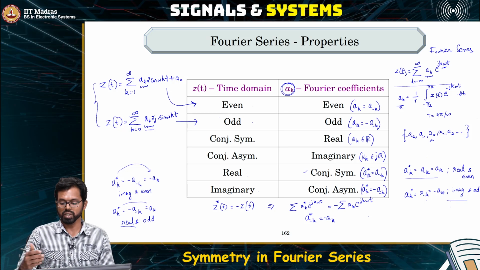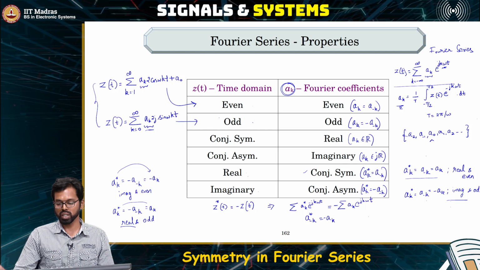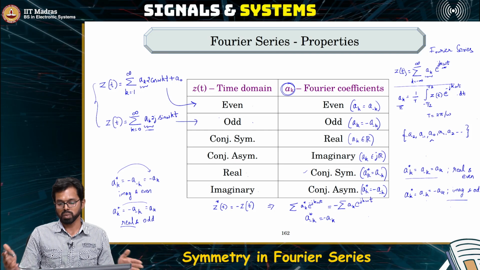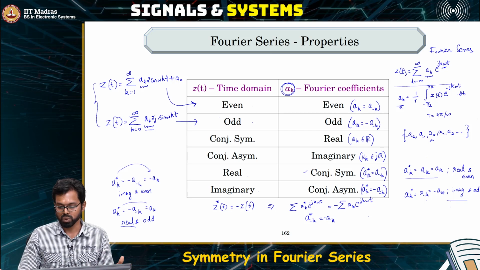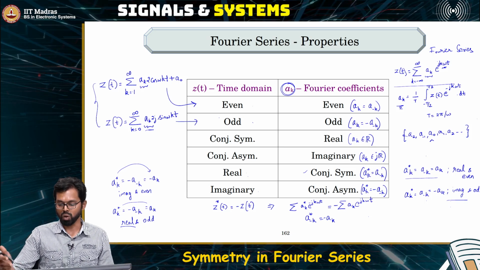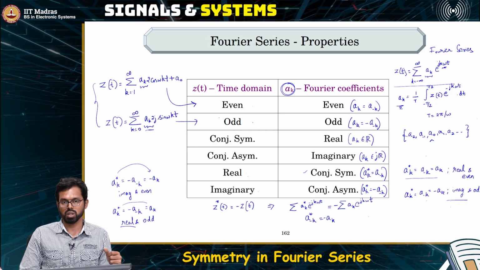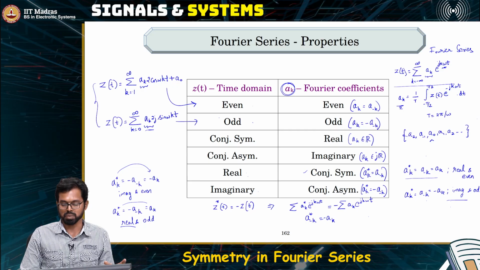And if we know for sure that it contains only real components or only imaginary components, once again our computational complexity comes down, because multiplying two complex numbers is more complicated than multiplying two real numbers or two purely imaginary numbers. So all this analysis helps us in reducing the computational complexity in our analysis of these signals.